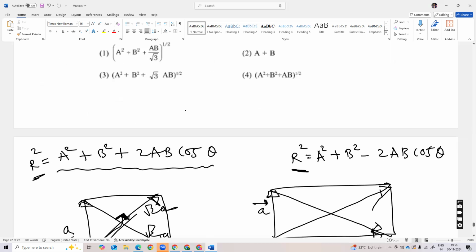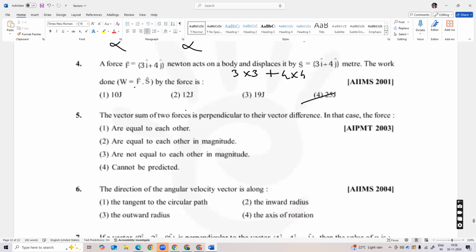So here the answer should be when the forces are equal to each other. In this case it is possible that their difference as well as their sum are perpendicular to each other.